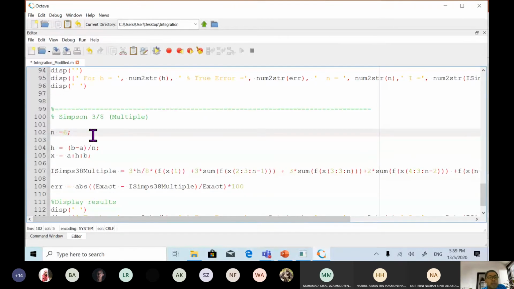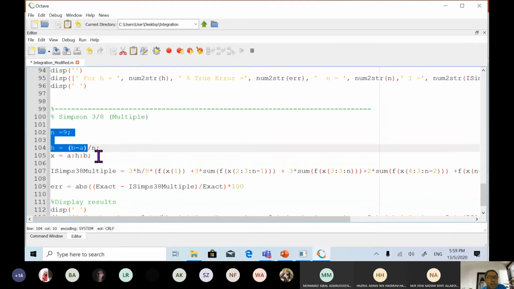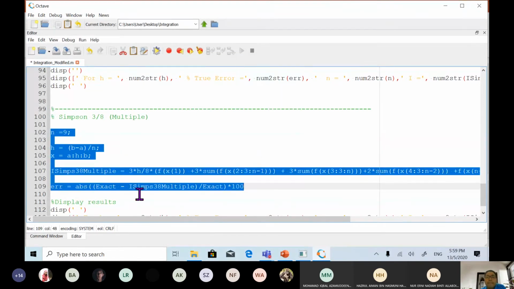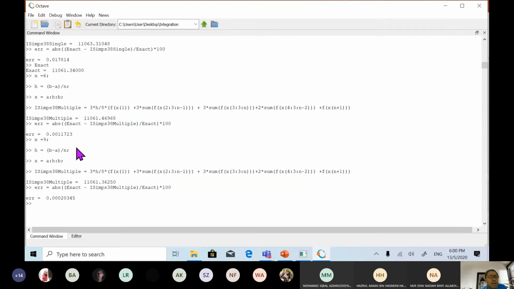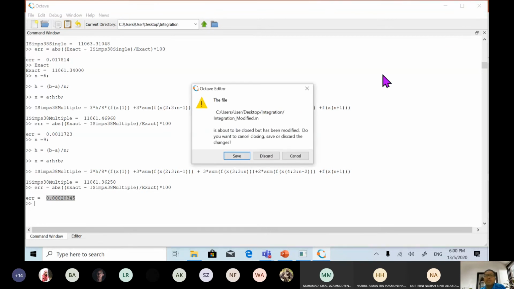And if I want to use 9, a multiple of 3, you see that by using 9, the error is quite small. If you compare with the Simpson 1/3 rule, you need 10 to get a very small error. But using the Simpson 3/8 multiple rule, by just using 9, you can get a very small error. So that's how you can use Simpson and trapezoid in order to solve your integration problem.